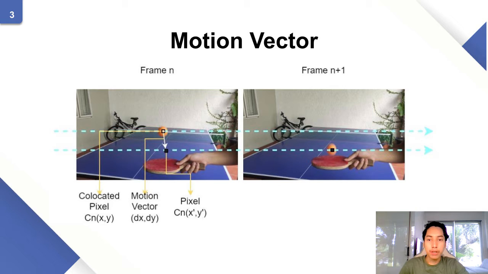So, motion factor is a two-dimensional factor used for interprediction that provides an offset from the coordinates in the decoded picture to the coordinates in a reference picture. Motion factor is a key element in the motion estimation process.